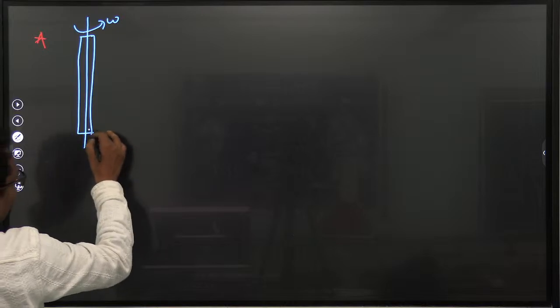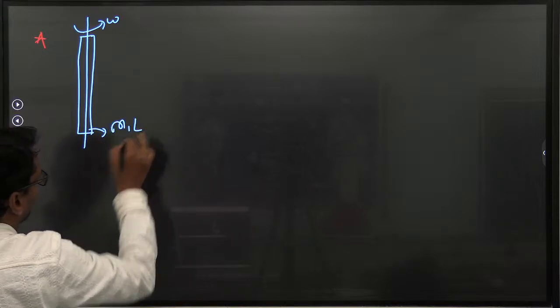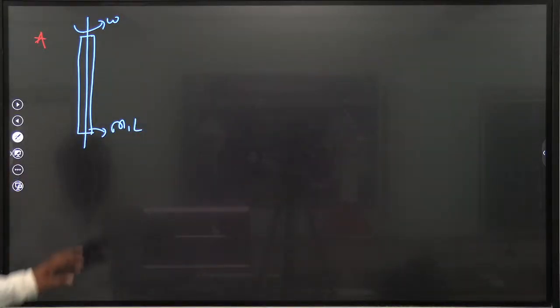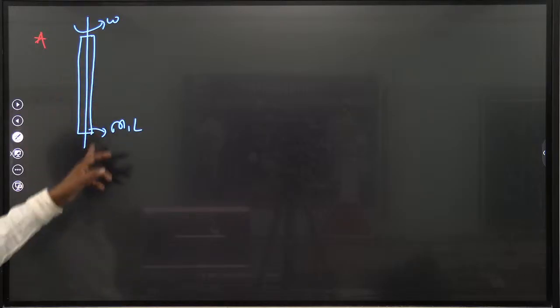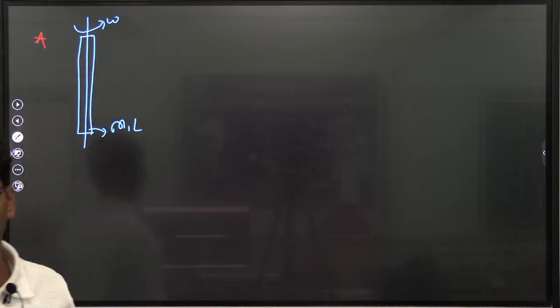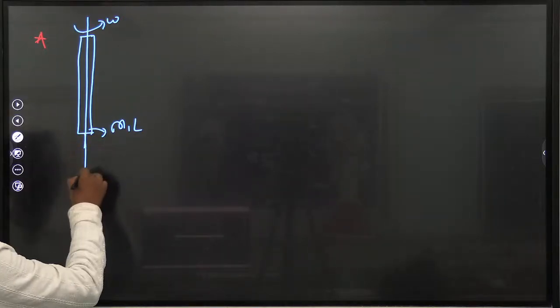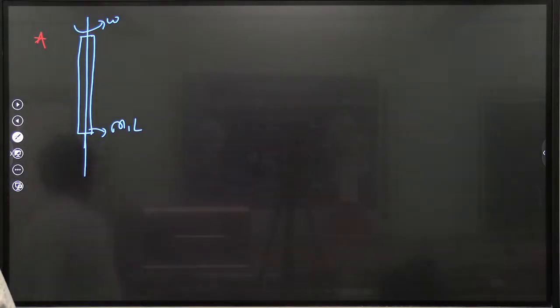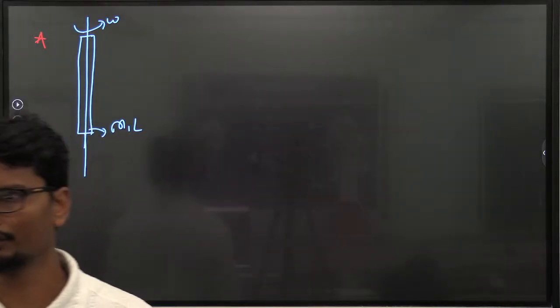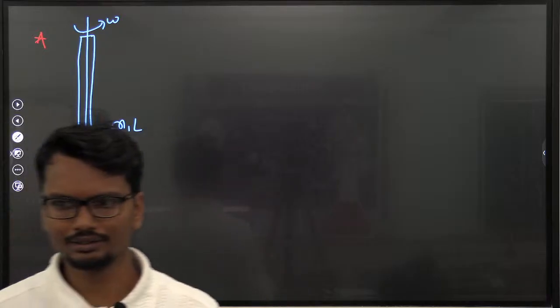The rod has mass m and length L. Then what will be the moment of inertia of this rod about this axis? Now you can clearly see here, the axis and the rod are lying on the same line. So the perpendicular distance of the rod from the axis is 0.